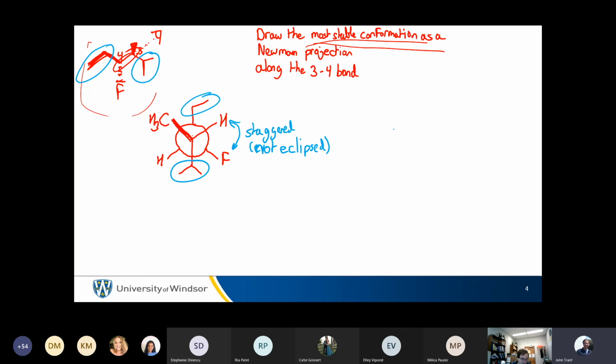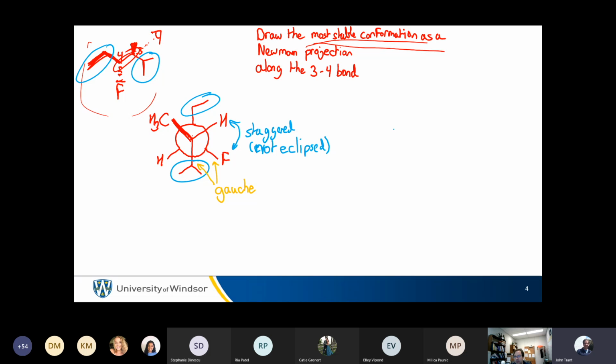The only other term we're going to be running into, and that you'll run into in there, and I talk about it in the lectures, but just in case, is that we refer to these two groups as gauche to each other. Which means, you know, left in French, but in English it means awkward. And they're awkward to each other because they're 60 degrees away, and that's still a little too close for comfort.